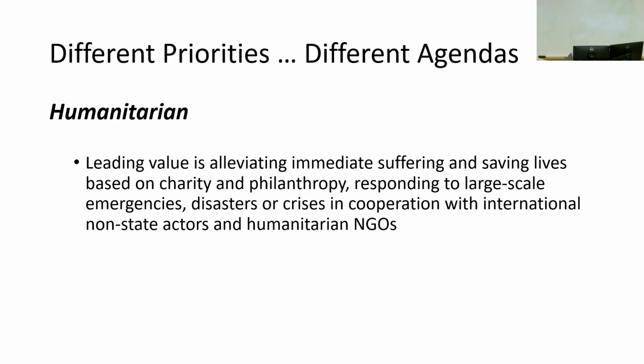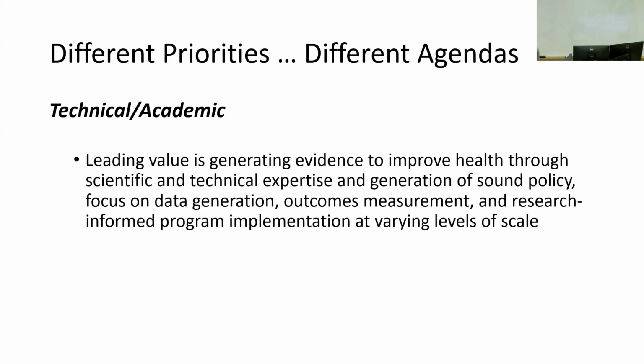Humanitarian. Leading value is alleviating immediate suffering and saving lives based on charity and philanthropy, responding to large-scale emergencies, disasters, or crises in cooperation with international non-state actors, humanitarian NGOs. Technical academic. Leading value is generating evidence through science to improve health, using your technical expertise to generate, hopefully, sound policy, focusing on data generation, outcomes measurement, research-informed program implementation at various levels of scale.